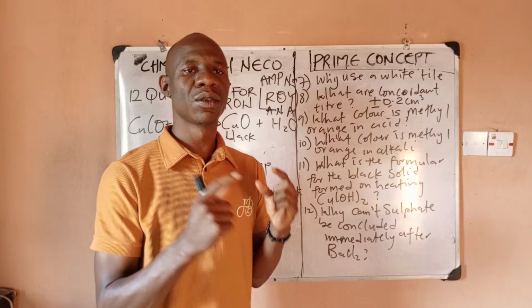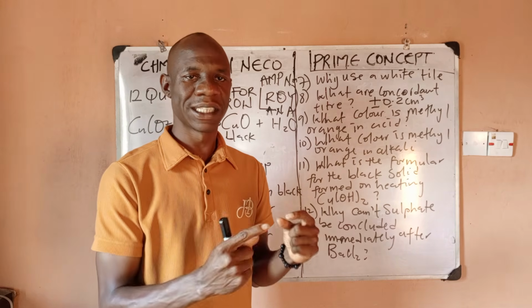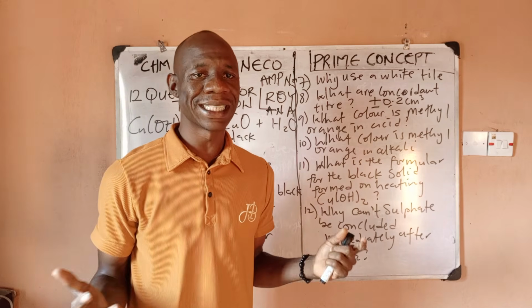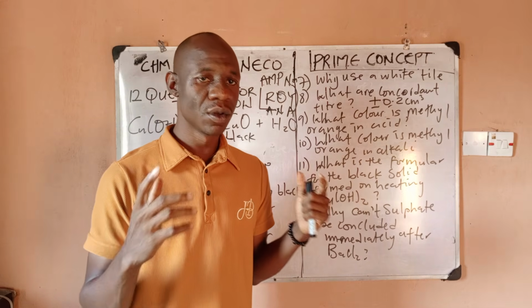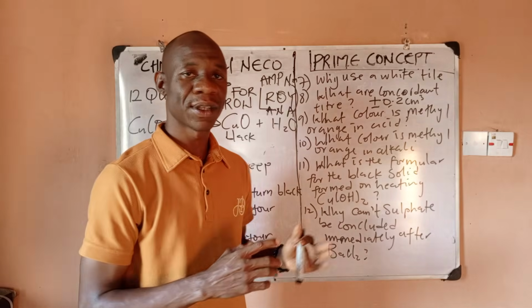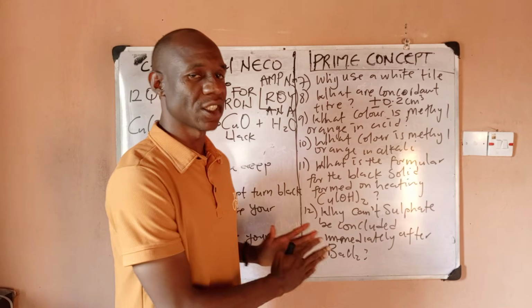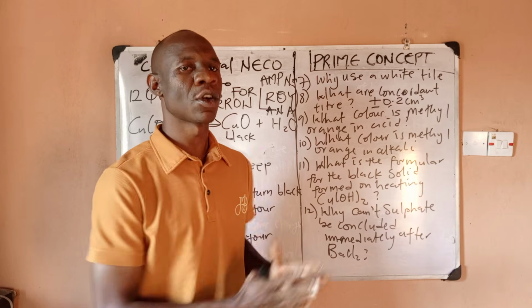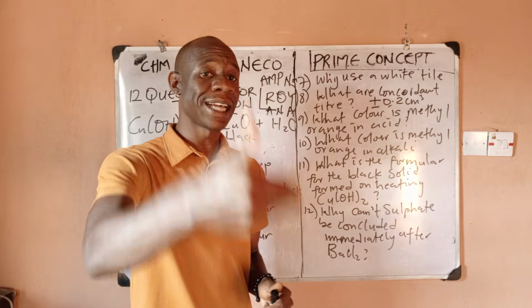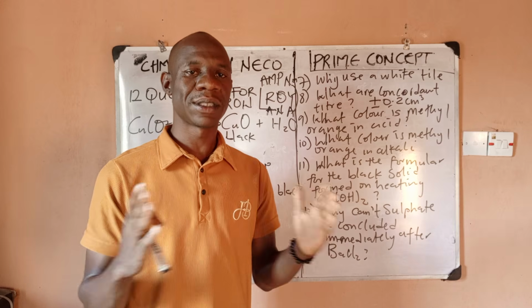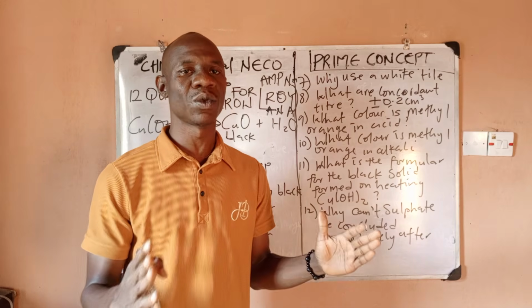When you quickly conclude sulfate is present, it simply means that you are overlooking other anions that can be present. There are other anions that can give the same white precipitate as sulfate. So, in order for you to conclude sulfate, you would need an extra reagent, which in this case is dilute HCl. Dilute HCl is going to distinguish that.